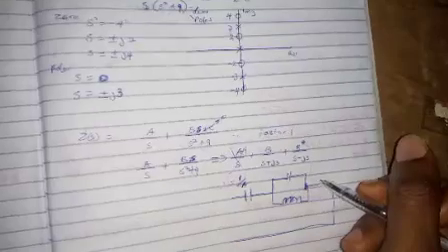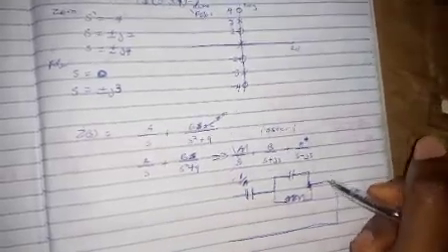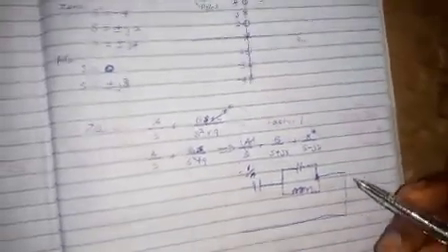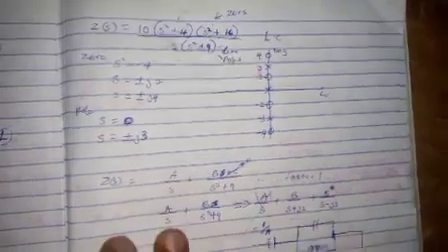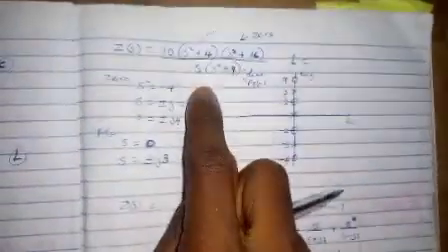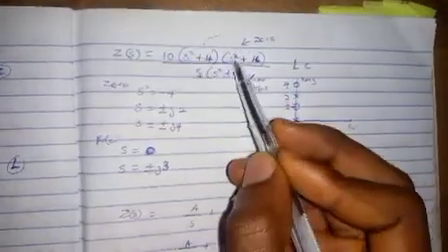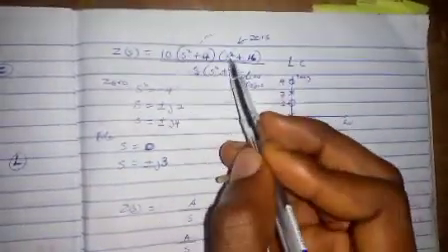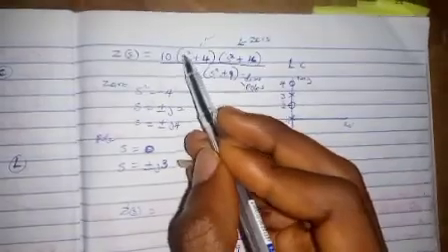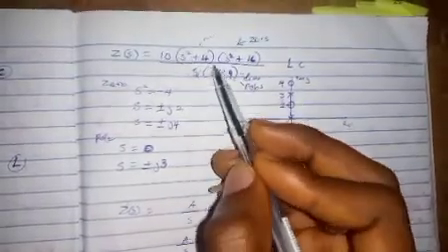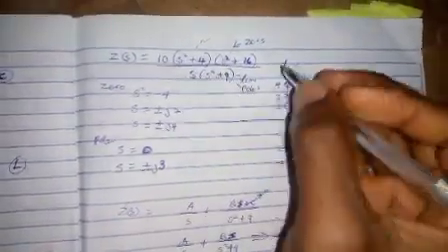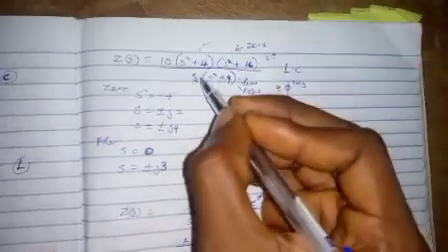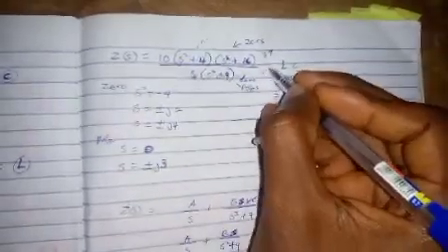Then what we now want to find is whether you are going to have a pole at infinity. To know that, you have to go back to the original question and check. You don't need to expand, but just look at it. Once you expand with the greatest s, you are going to have s raised to power 4 in the numerator, while in the denominator you are going to have s raised to power 3.